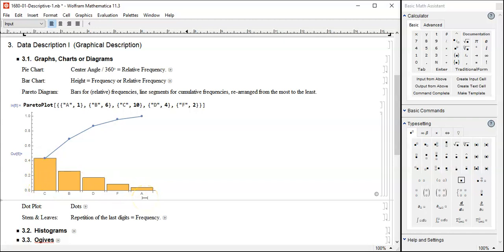In that case, those names do not really have any kind of order, so you can rearrange like this freely. And that's what Pareto diagram is all about.